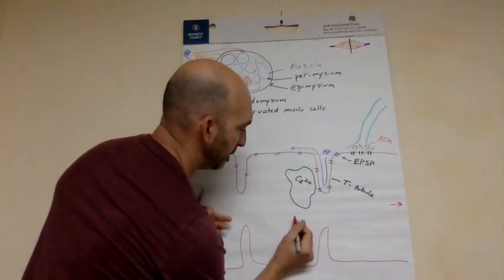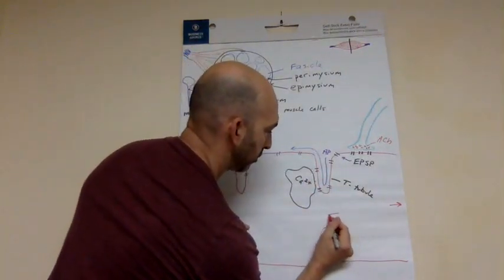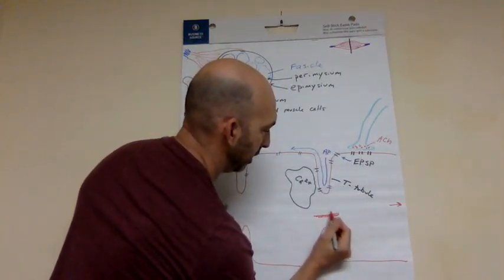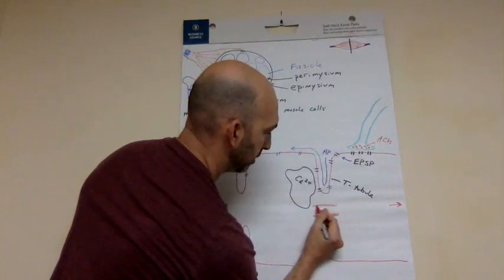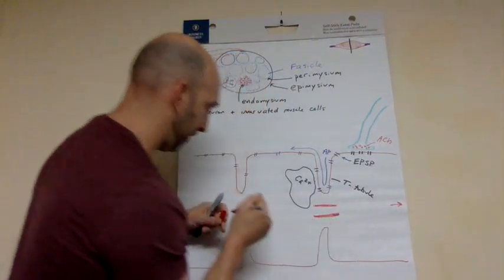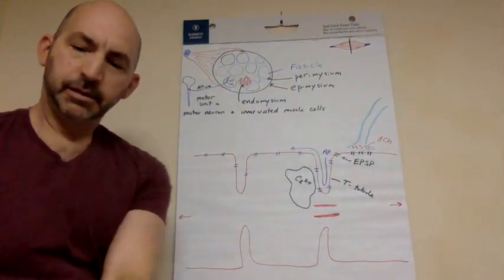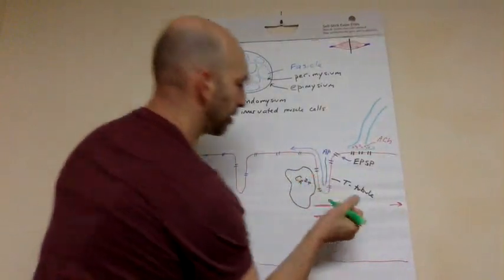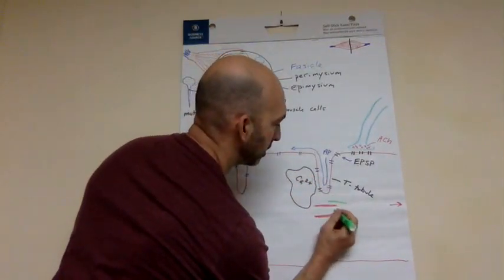And so we're going to have these protein filaments that run lengthwise over and over again. So these red lines are protein filaments. These green lines are protein filaments.